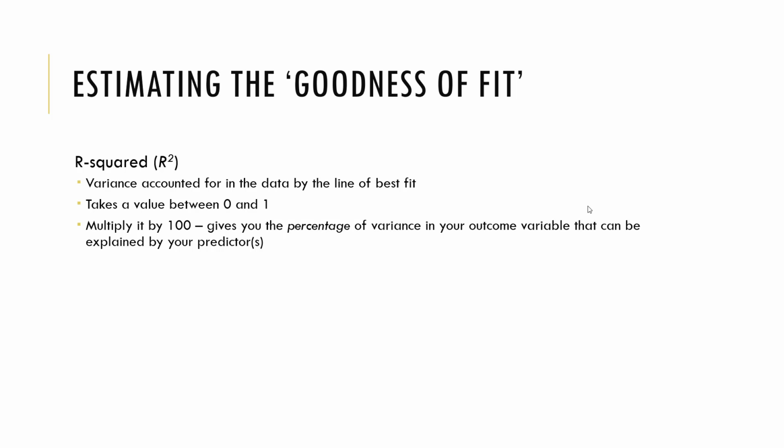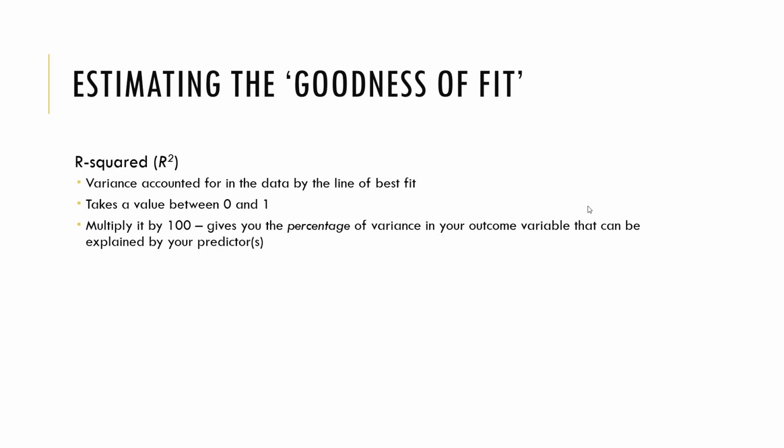And that value is the R squared value, which is represented by a capital R squared in italics. What this value represents is the amount of variance in our outcome variable that is accounted for by the line of best fit. It usually takes a value between 0 and 1. There's something wrong going on in your data if you've got a minus figure.